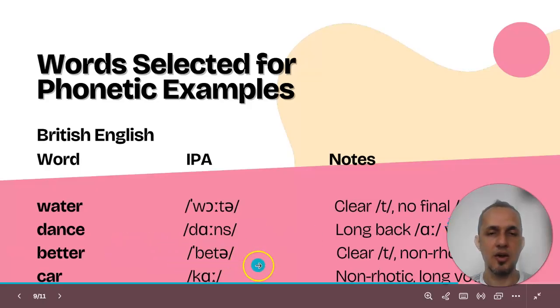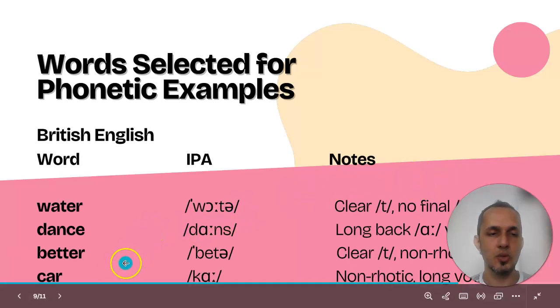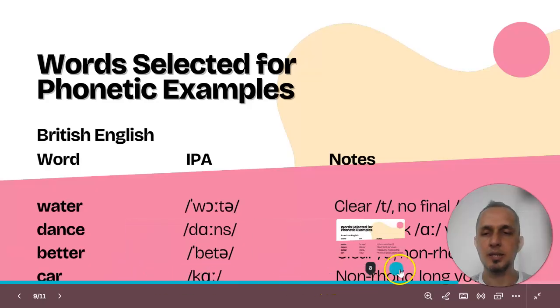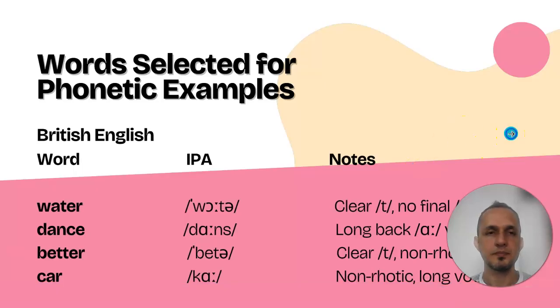And the other one is better, clear T. When we say better, the T sounds, and it's not a rhotic ending because the R doesn't sound at the end. That's why it is non-rhotic. The next one, car, is non-rhotic because it is a long vowel when we say car.